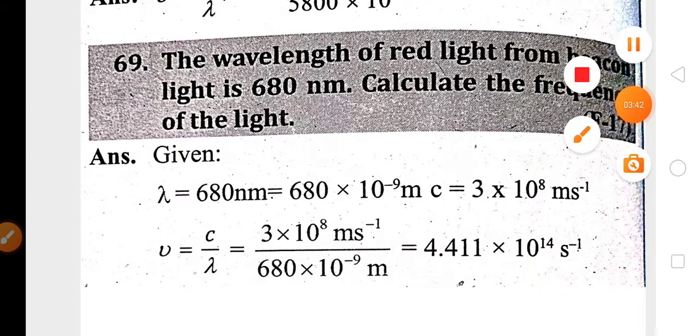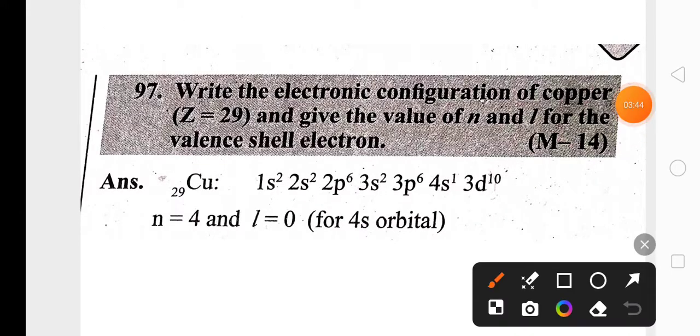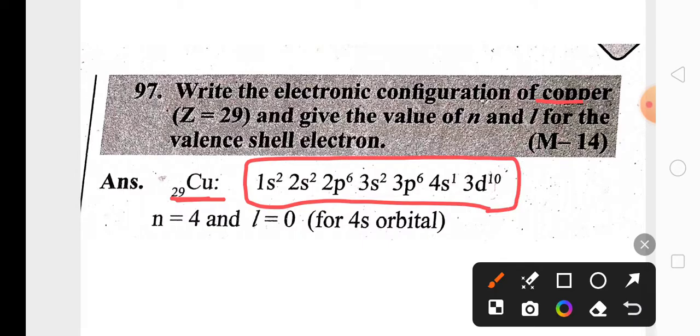Questions related to electronic configuration are very important, especially copper or chromium, they are going to ask. Copper and chromium both show exceptional electronic configurations. This is the electronic configuration of copper: 1s2, 2s2, 2p6, 3s2, 3p6, 4s1, 3d9, and chromium shows 4s1, 3d5.